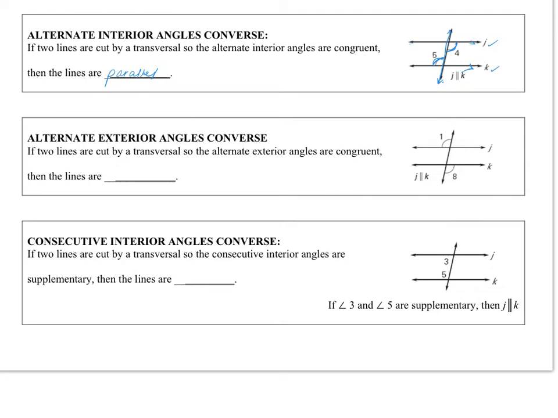And an alternate exterior angles converse states that if two lines J and K are cut by a transversal, so the alternate exterior, meaning outside, angles are congruent, so we're talking about angle 1 and angle 8, then the lines again are parallel.